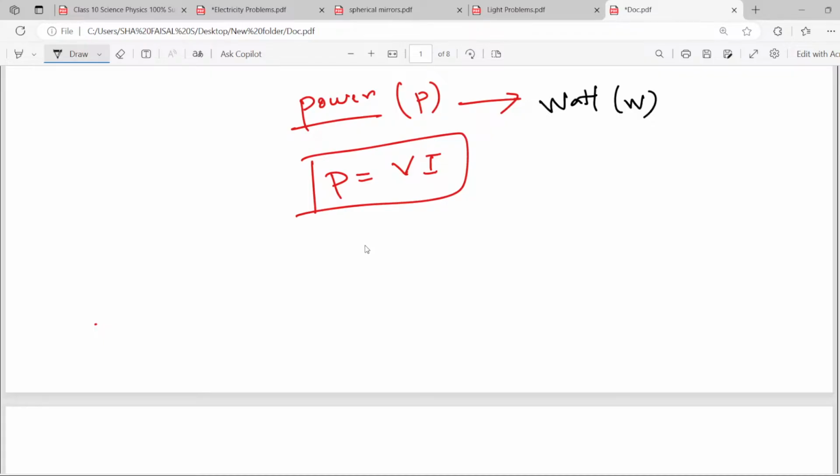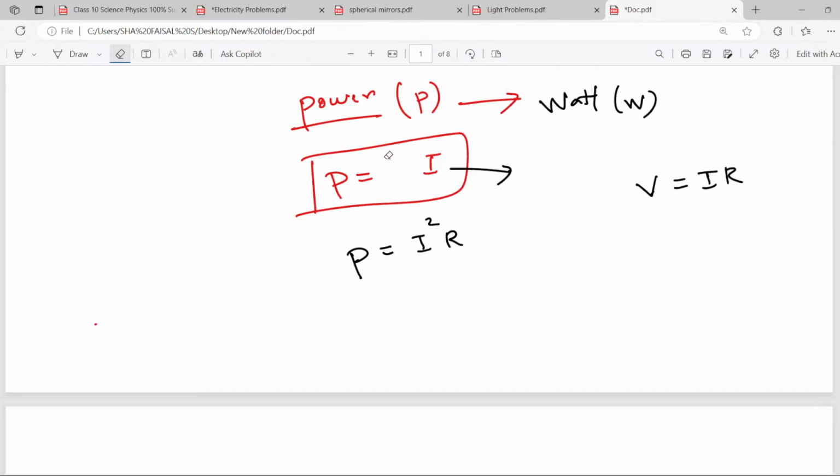Once we apply Ohm's law, then we can write P is equal to I square into R. How can you write? We know that V is equal to I into R from Ohm's law. In this formula, V into I, in place of V, what can we write?